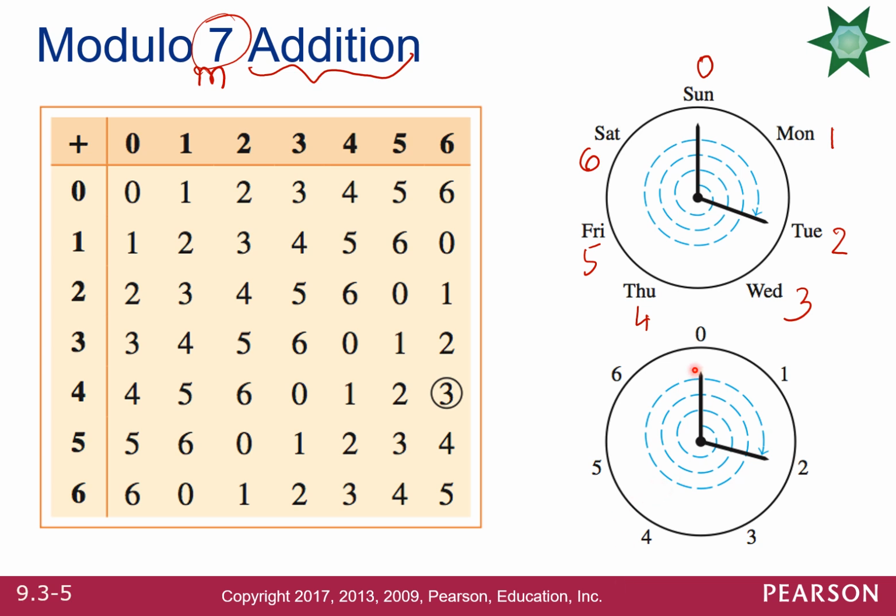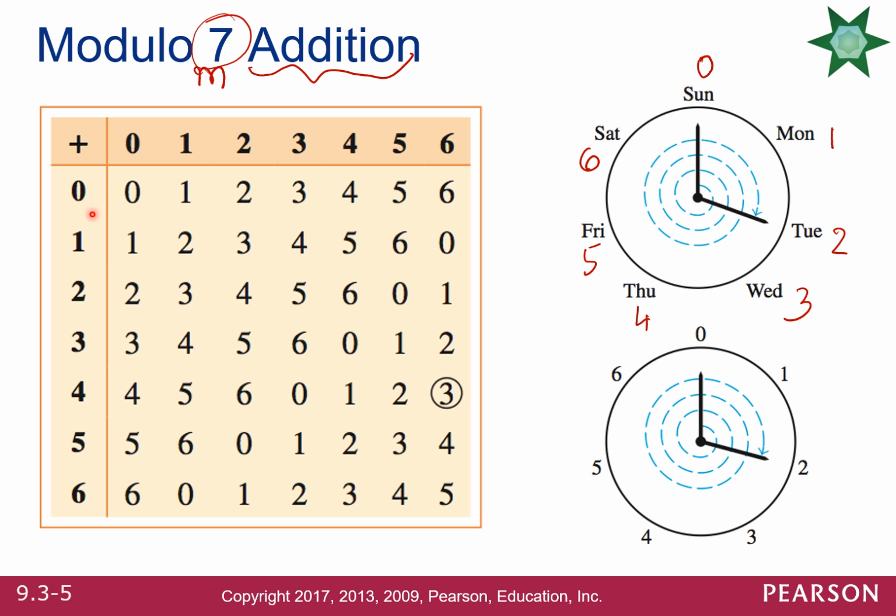So what they've done here, you can see, is replace the days of the week with the numbers, and over here they've created a table. All right, and this they are adding here. You see the elements along the top horizontal line are 0, 1, 2, 3, 4, 5, 6, and along the first column to the left, we also start from 0 all the way to 6.